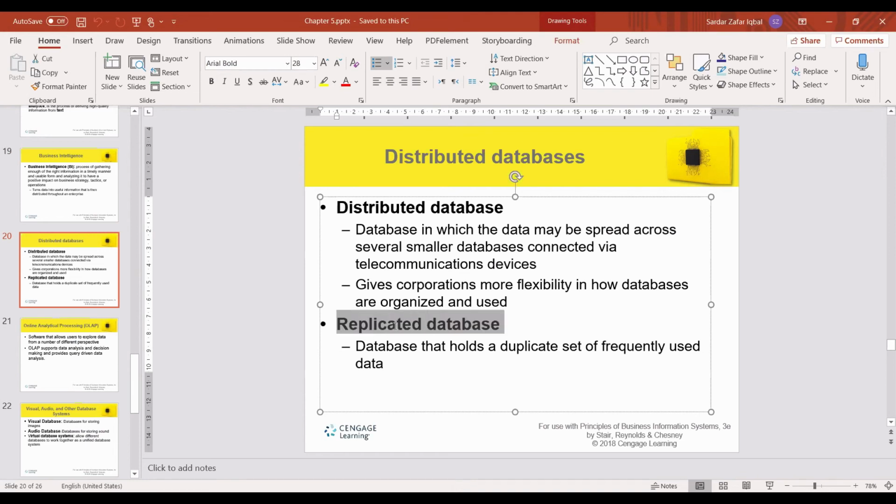Replicated database is a copy of a database. Replicated means the copy. It is better to create a copy rather than a new database. Do you agree with this? It is better to create a copy rather than design the database from scratch again.